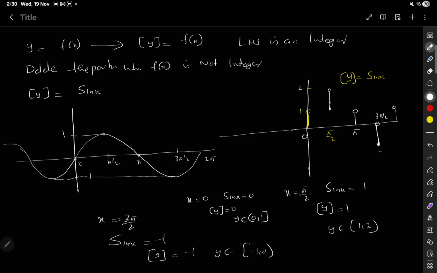Okay. So here minus pi by 2, what will happen? Same as 3 pi by 2. Minus pi by 2, same as 3 pi by 2. Okay. So this is how the graph will be. So I hope it's clear. Okay. So next one.